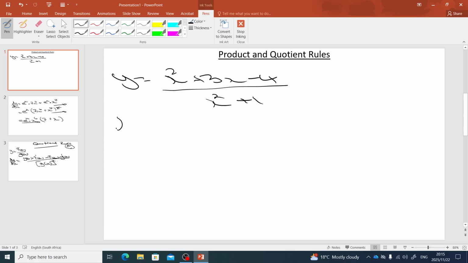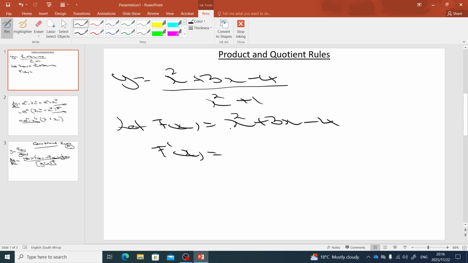The first thing that you will do, you would say let f of x equal x squared plus 3x minus 4. Then the differentiation of f of x would be 2x plus 3.